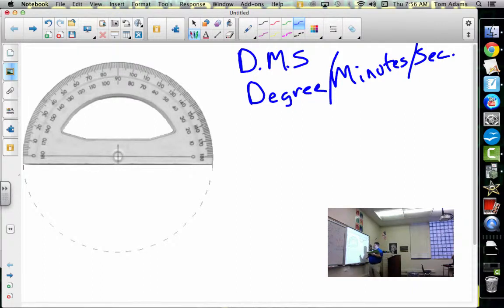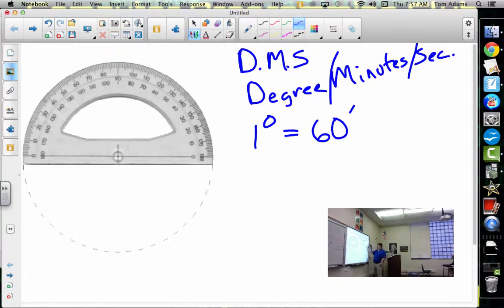Degrees we already know how to work, but 1 degree is equal to 60 minutes.